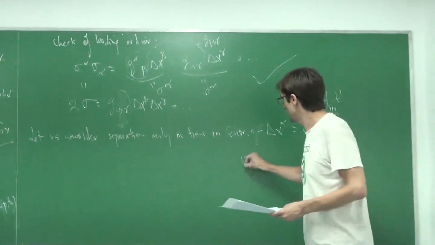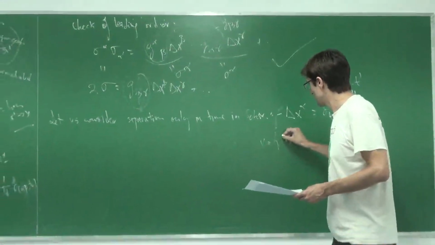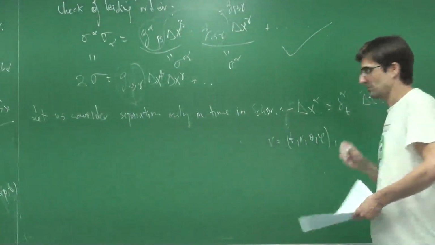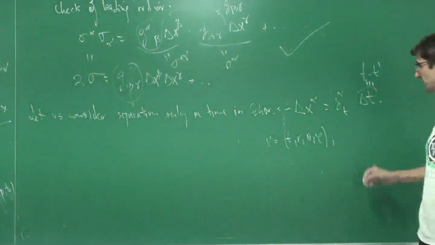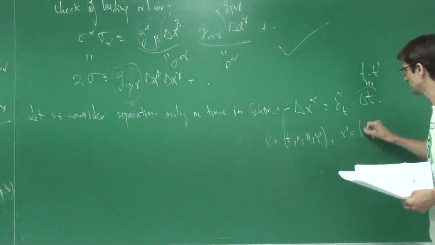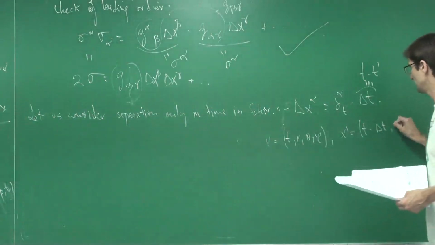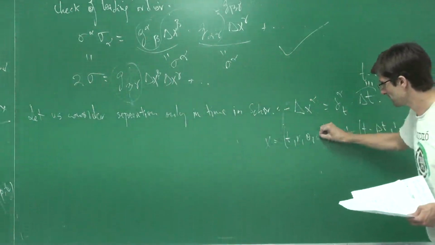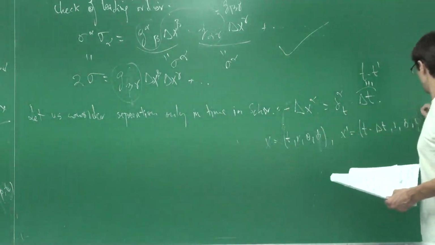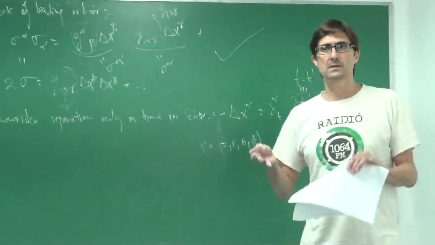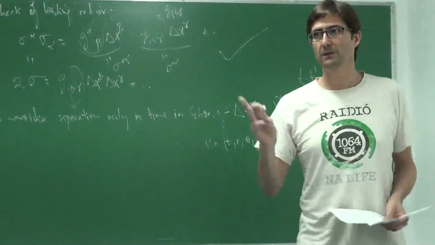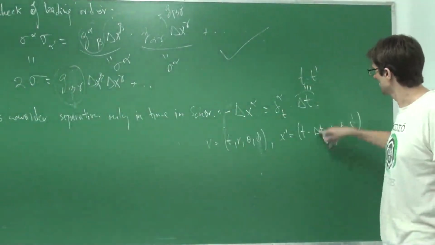And so the point x is t, r, theta, phi, an arbitrary point in space-time. x prime is t minus delta t, r, theta, phi. Okay? So the same angle, the same radius, it's only separated in time.